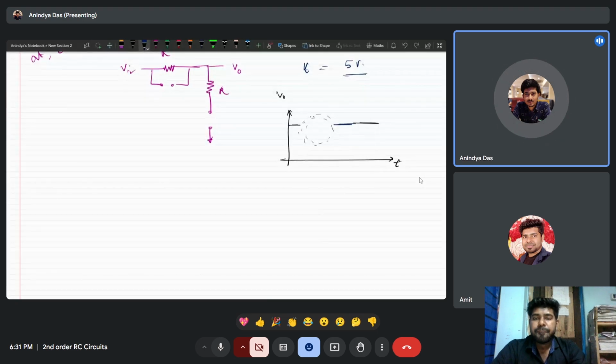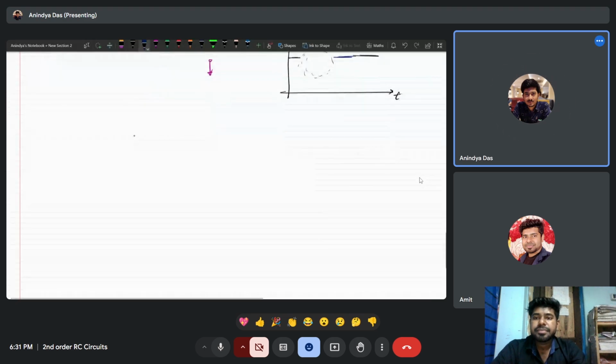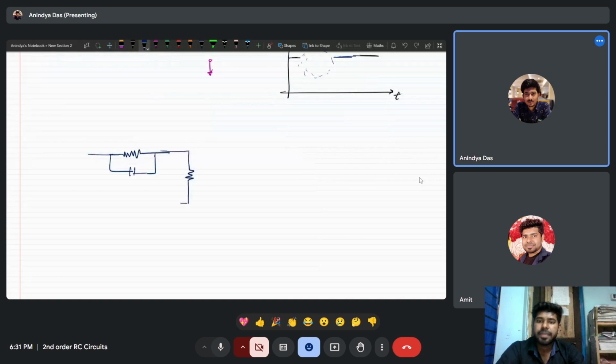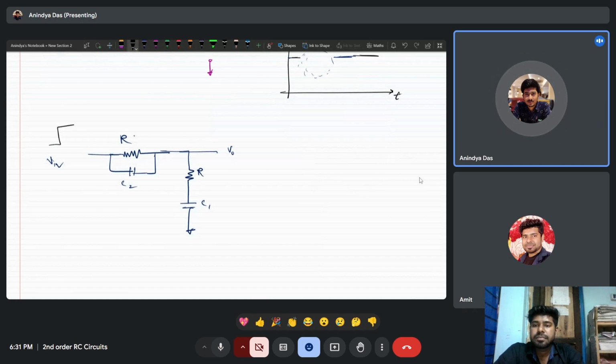So let's redraw the circuit again. This is R. At t equal to 0, whenever V in is rising, the capacitor acts as a short circuit, and V0 will reach 5 volt.